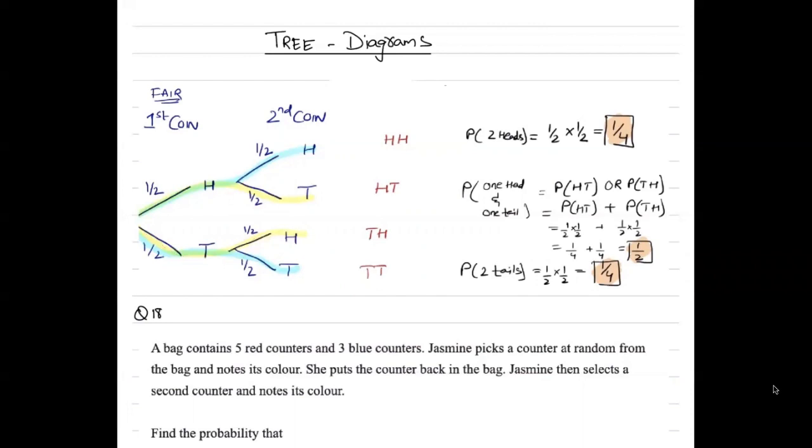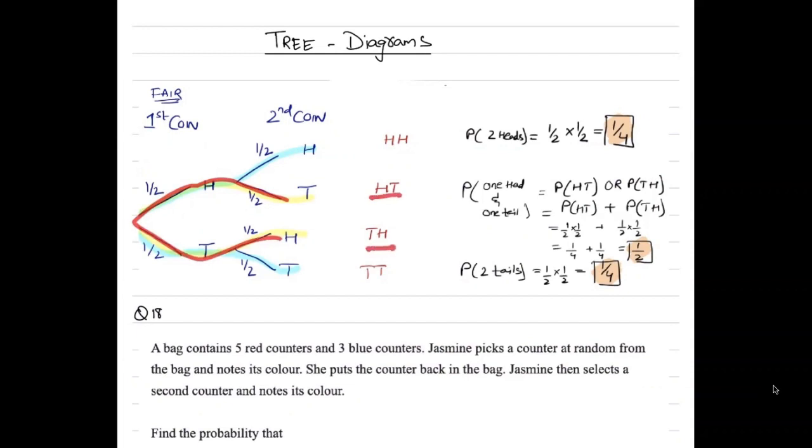Okay, so if you are asked to calculate the probability of getting both heads, what you are going to do is multiply the probabilities across the branch. 1 upon 2 times 1 upon 2. So the probability of getting two heads is 1 upon 2 times 1 upon 2, that is 1 upon 4. If you're asked to get a probability of 1 head and 1 tail, either your first coin gets a head and the second coin gets a tail, or you can get a first tail and a second head.